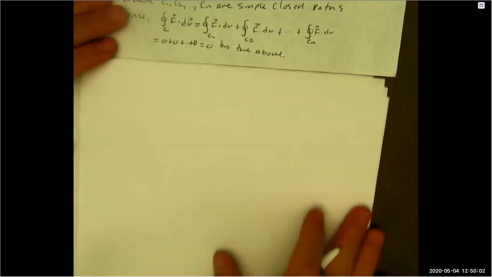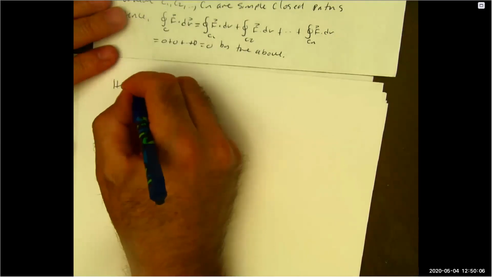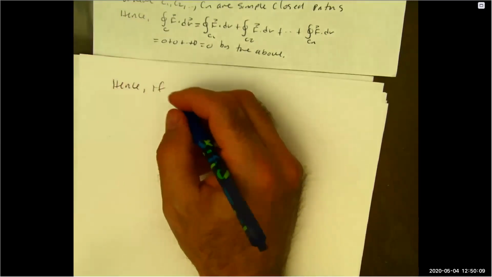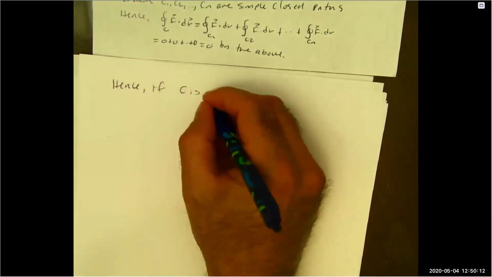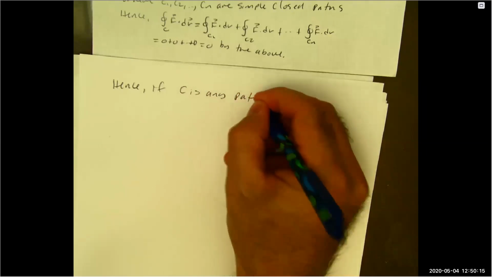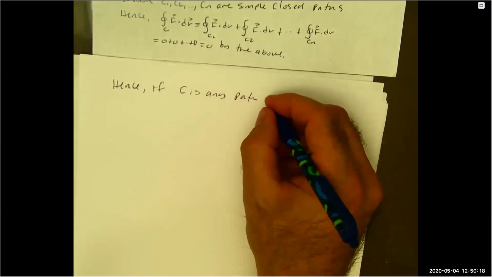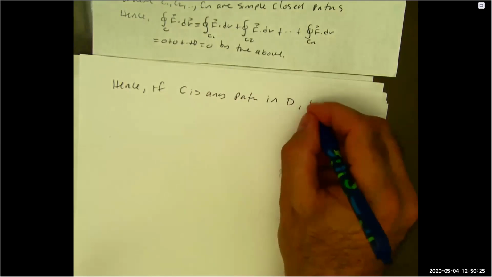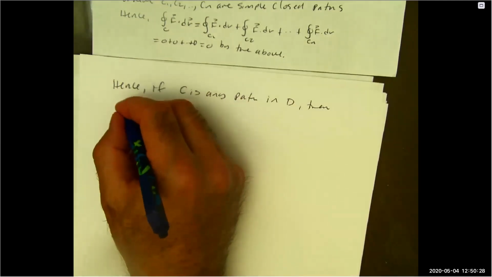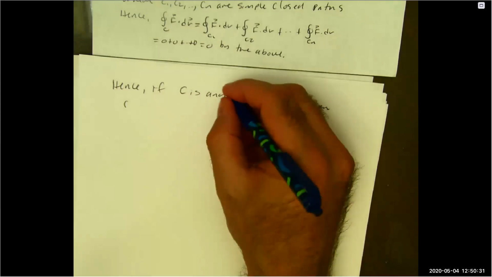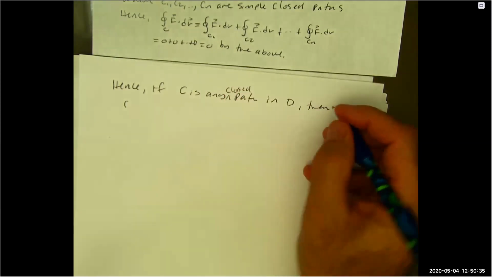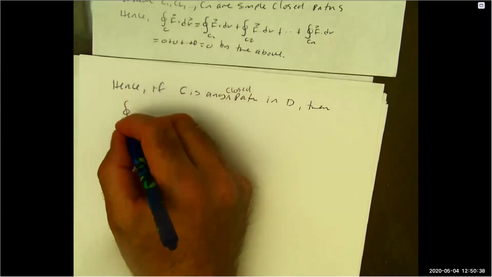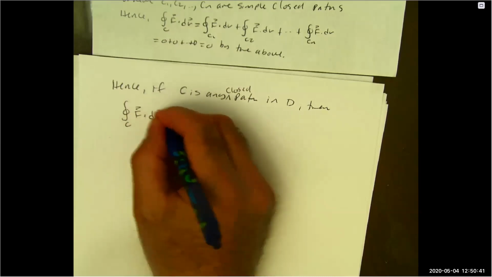So just to wrap this up, hence if C is any closed path in D, then the line integral along C of f dot dr is equal to 0.